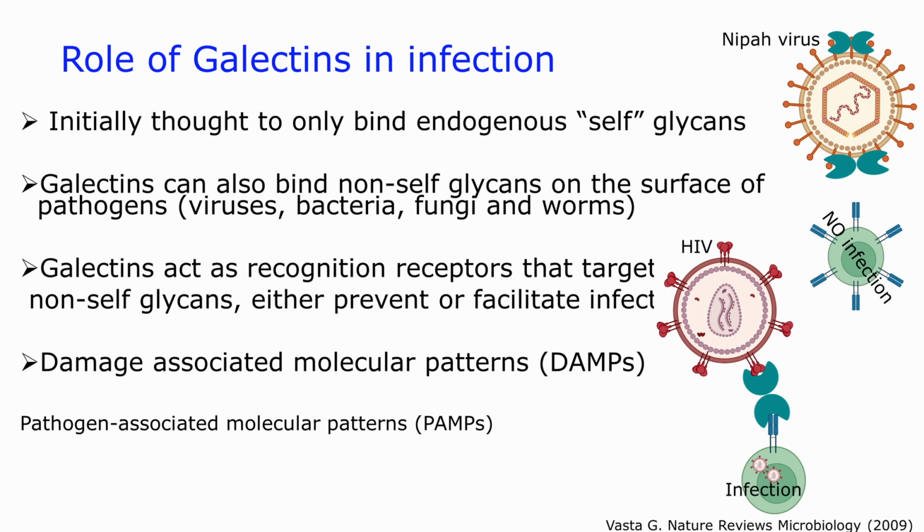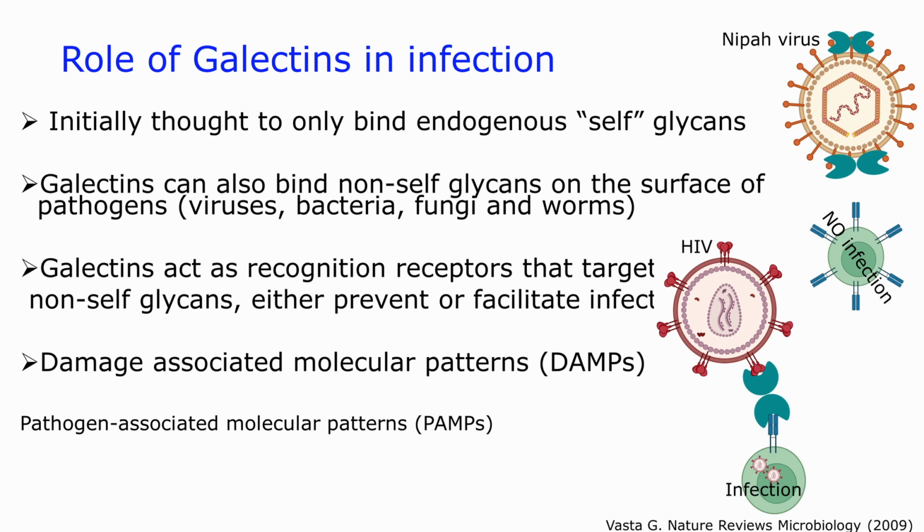Those are PAMPs, and when immune cells recognize them, they become activated. Immune cells also recognize DAMPs, and galectins function as DAMPs, so immune cells recognize that there is damage, and it results in activation of a variety of immune cells.